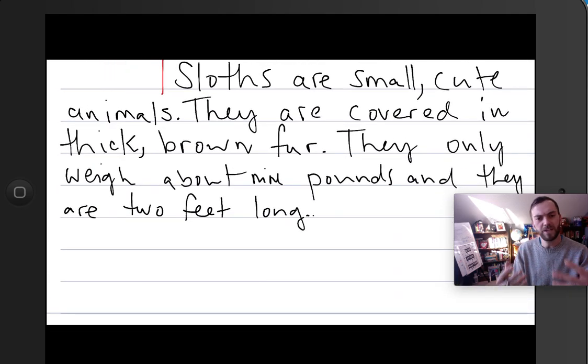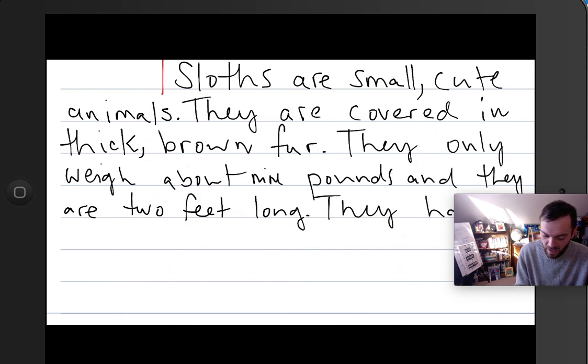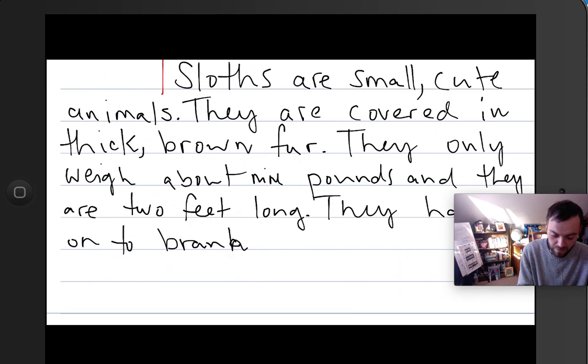So I'm writing down each fact that I collected, but I'm forming sentences. I'm writing my own words because those were just small little facts. Those aren't real sentences. So I'm stretching them out and connecting them with connecting words. Let's see here. So I might say they hang onto branches with three toes on each foot.